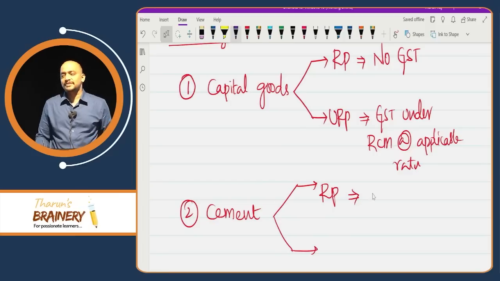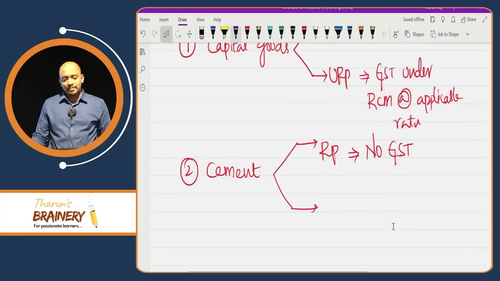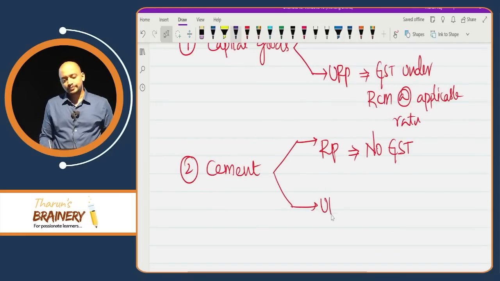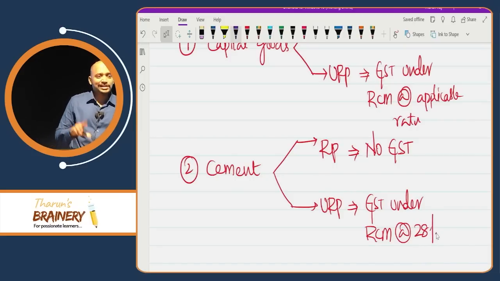Purchased from a registered person, is GST payable or not payable? Not payable, so no GST. Suppose you are purchasing from an unregistered person, GST under RCM at what rate? 28%.